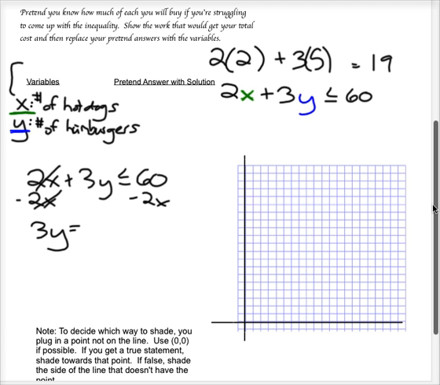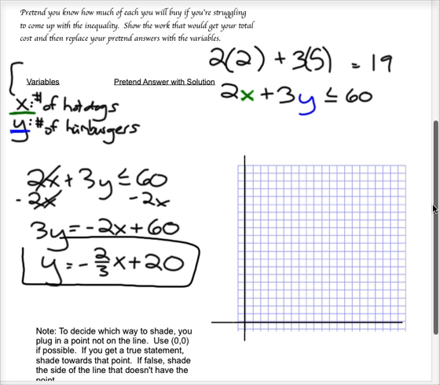So 3y is less than or equal to negative 2x plus 60. Divide by 3, negative 2/3 x plus 20. And I'm sorry, I ended up changing the inequality sign. It should look like that.